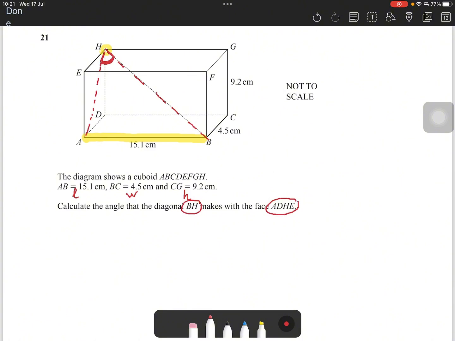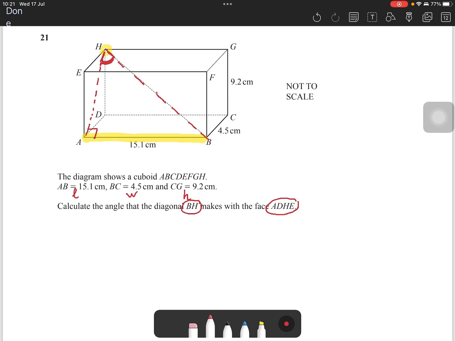And as I mentioned before, BA is perpendicular to the face ADHE, so it is also perpendicular to AH, which means the triangle ABH is a right angle triangle.